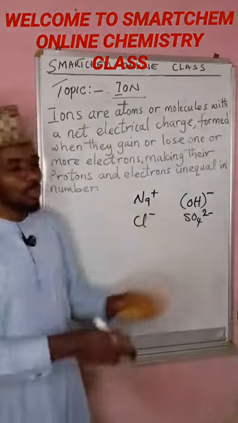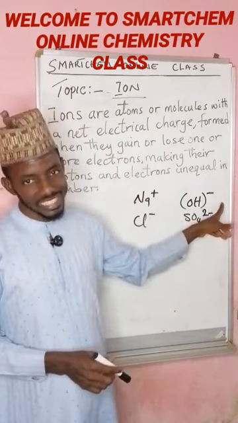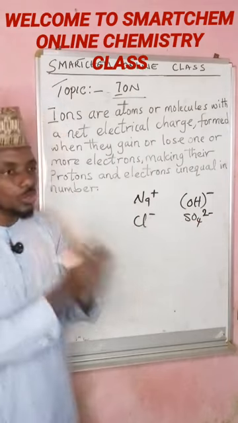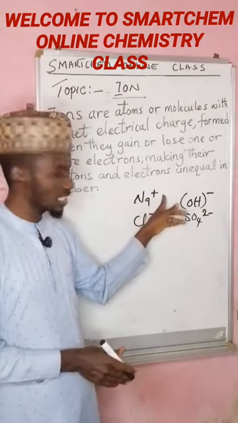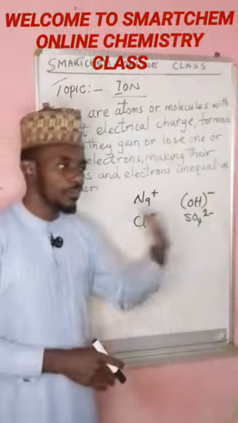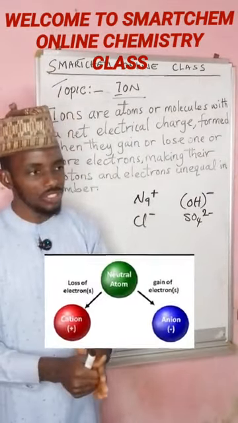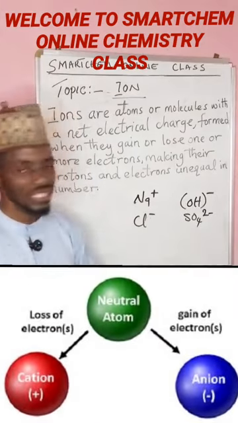So when an atom or molecule gains an electron, it is going to become negatively charged. When it loses an electron, it will become positively charged, as we can see for the case of sodium here. So this is how ions are formed. They are formed when they gain one or more electrons, or when they lose one or more electrons.